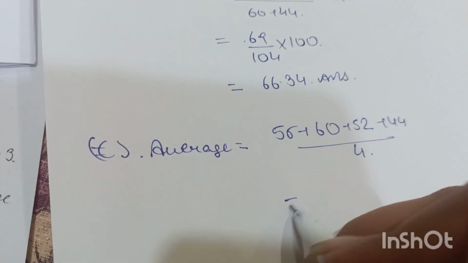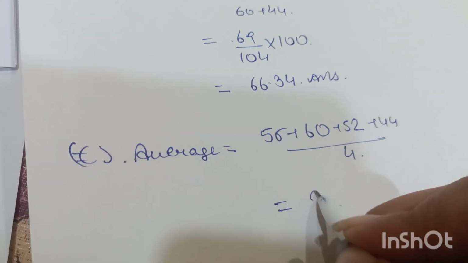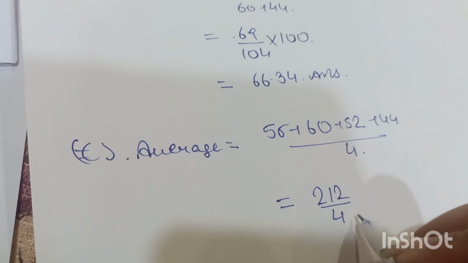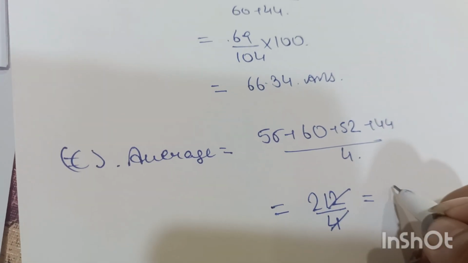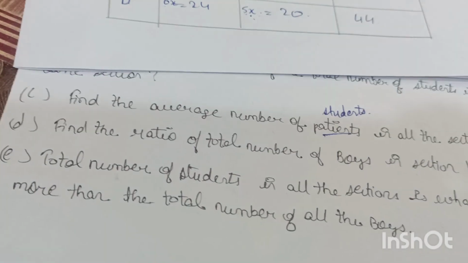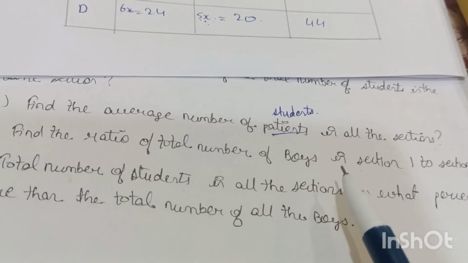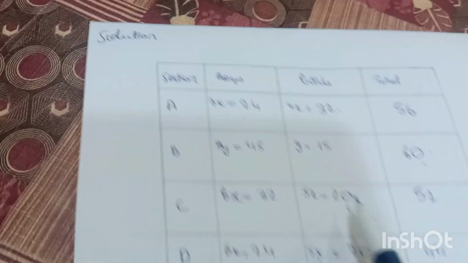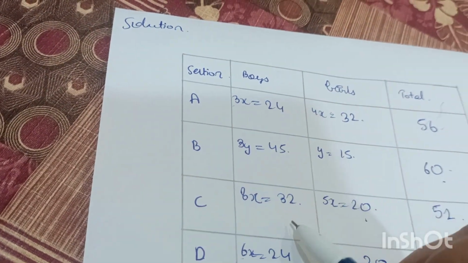When you solve it out, you will get 212 upon 4. When you cancel it out, you will get the value as 53. Next, find the ratio for boys in 1 and 3. Boys in 1 and 3.